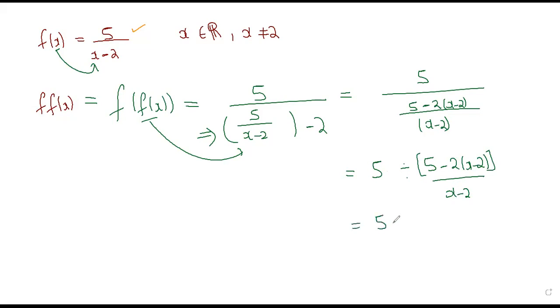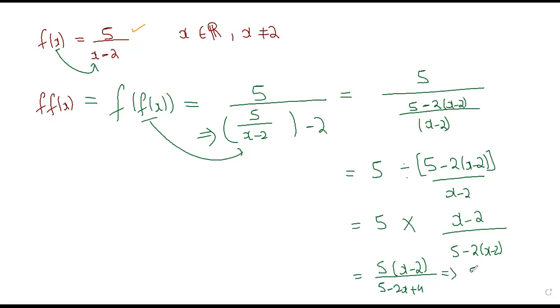I can write it as 5 being multiplied with x minus 2 divided by 5 minus 2 into x minus 2, and this would give me 5 into x minus 2 divided by 5 minus 2x plus 4, and after simplification it would give me 5x minus 10 divided by 9 minus 2x. This is going to be the answer.